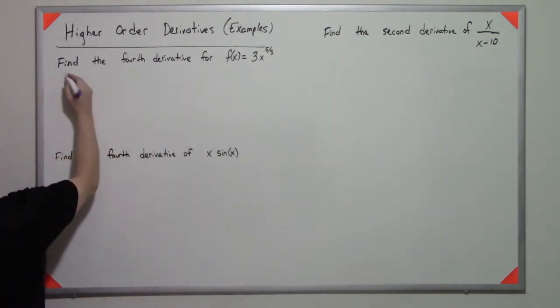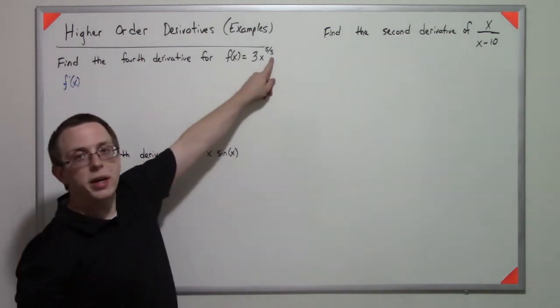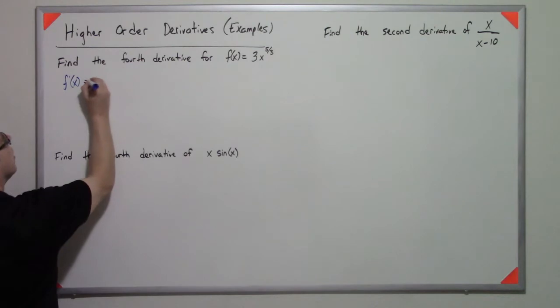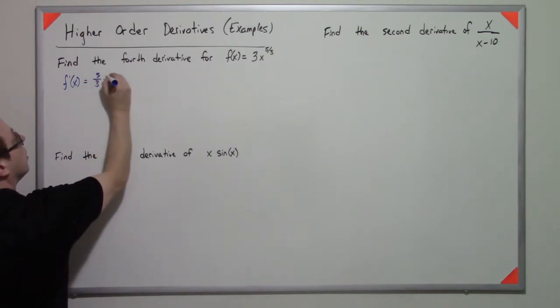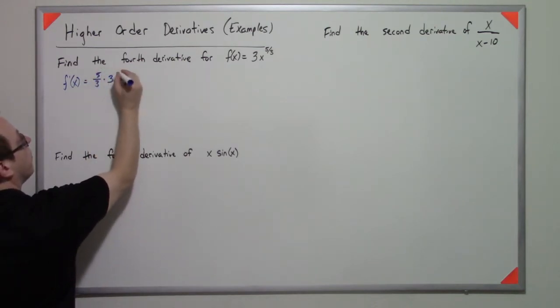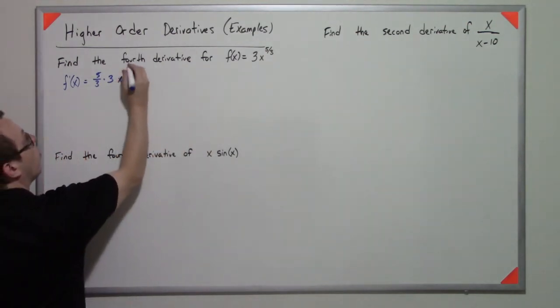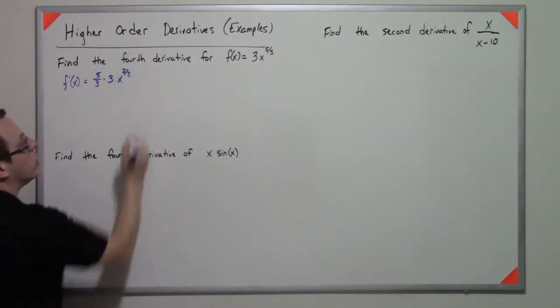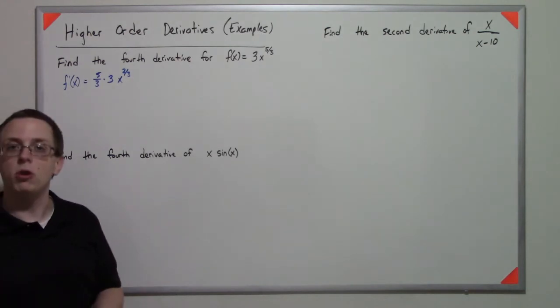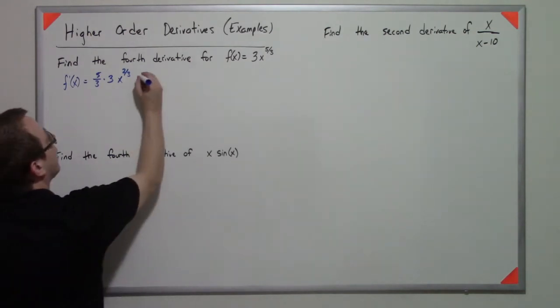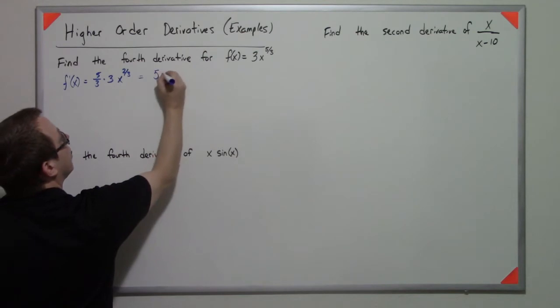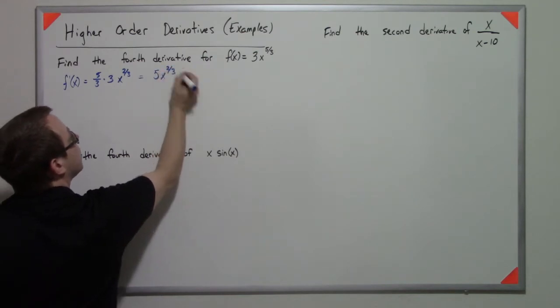Our first derivative by the power rule is we bring down the power, we multiply it by the coefficient out front, and we subtract 1 from the power. So it was 5/3, taking 1 away is 2/3. That leaves us with 5x to the 2/3.